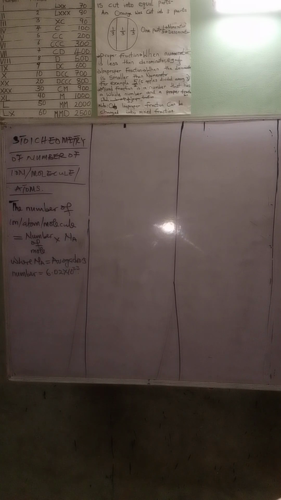So when we say number of mole, it is the amount of the substance that contains as many elementary entities as are present in a mole, which is Avogadro's number.